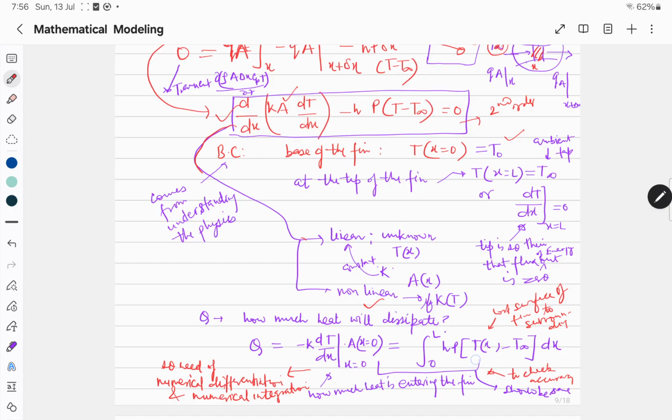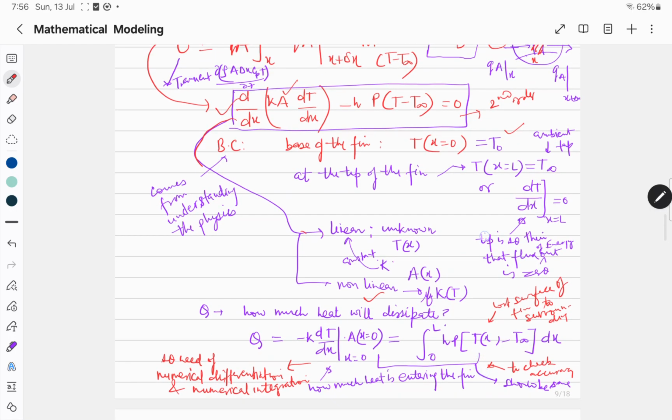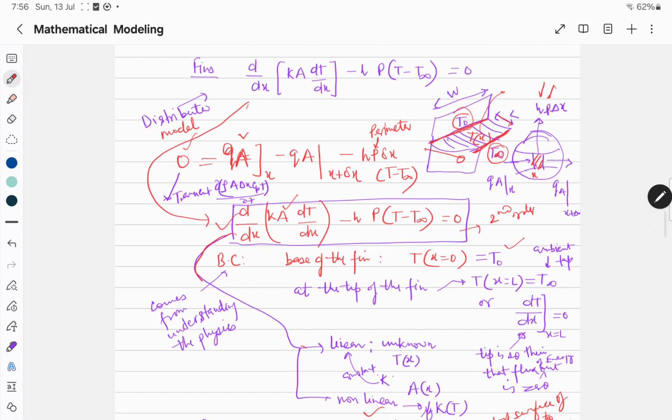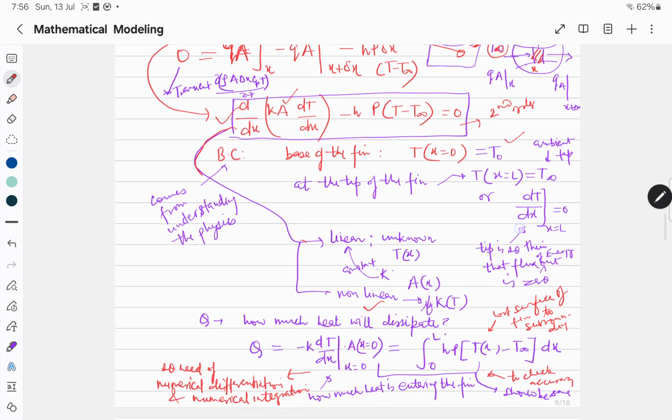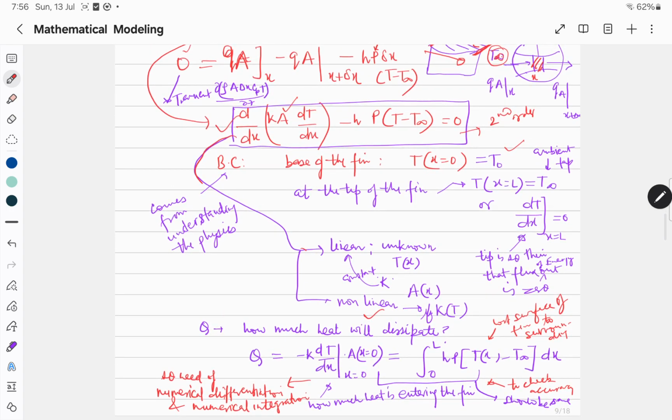So how to calculate the heat dissipated through this fin? You can calculate it in two ways.